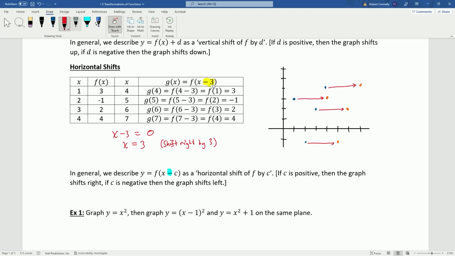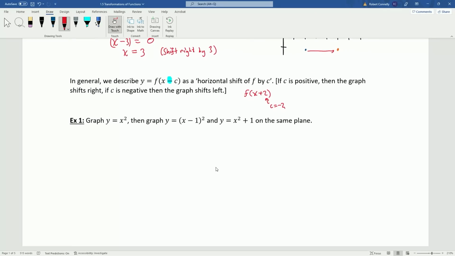So in this example, c is 3. And if I had, say, f of x plus 2, c is actually negative 2. But again, we can avoid having any confusion regarding the value of c in terms of our horizontal shift by just taking the input of our function, setting it equal to 0, and solving it. You'll always get the shift right that way.